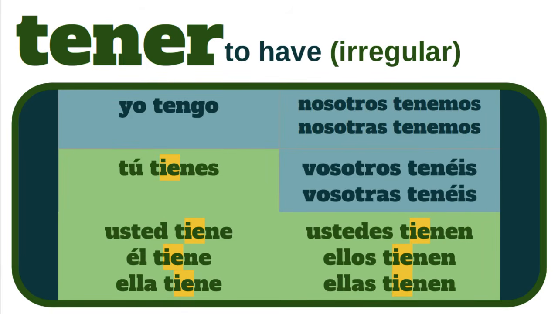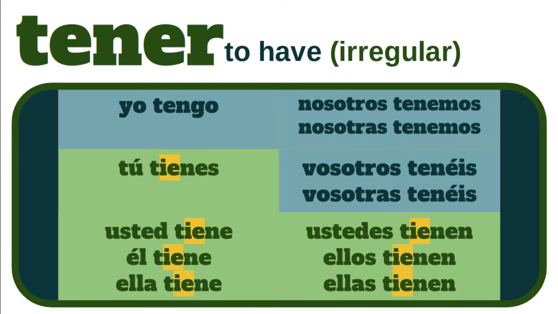You've already learned a verb that works pretty much the same way as the E to IE stem changing verbs, and that's the verb tener. The difference with the verb tener is that the yo form also has a change. We don't say yo tieno, we say yo tengo. So that form is irregular. But again, the nosotros and vosotros forms have an E instead of an IE, and the other forms have an IE.